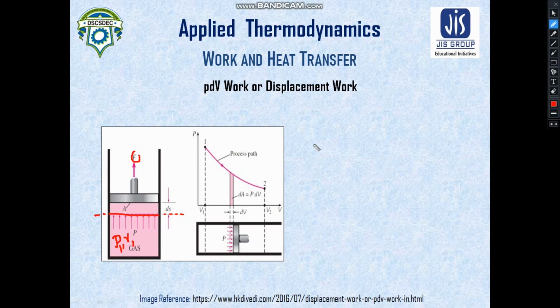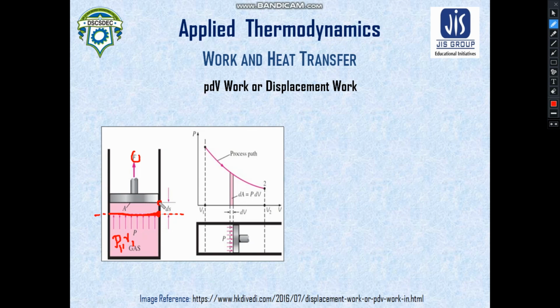Now why is it called displacement work? As I was referring, this was the initial position. The piston and the gas together constituted a closed system. Now, after the expansion has taken place, the boundary of this closed system has been displaced from here to here. So there is a displacement of the closed system boundary taking place.